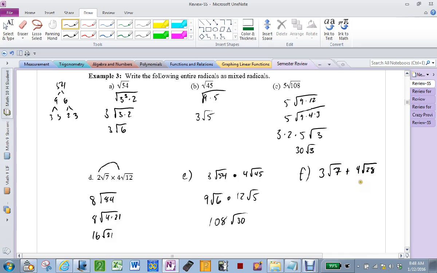Simplify, simplify, simplify. 3 root 7. This is 7 times 4, isn't it? What's the root of 4? 2. So it's plus 8 root 7, right? Now you've got 3 root 7s and 8 root 7s. For how many root 7s? 11 root 7.